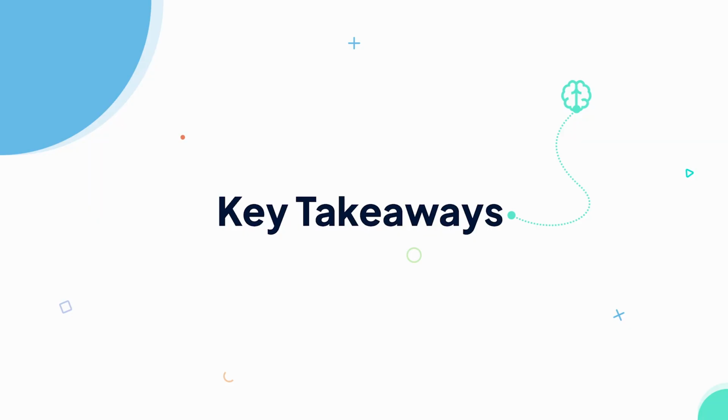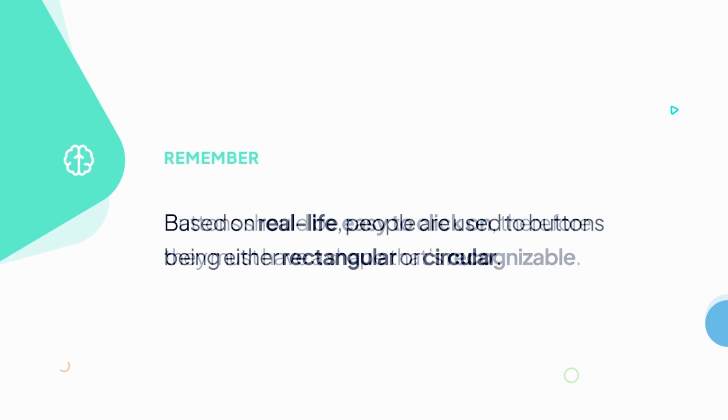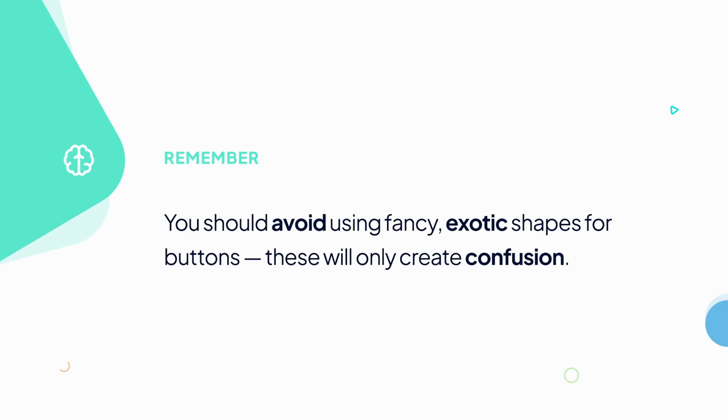So then, let's take a look at a few key takeaways. Buttons should be easy to click on. Therefore, they must have a shape that's recognizable. Based on real life, people are used to buttons being either rectangular or circular. You should avoid using fancy exotic shapes for buttons.